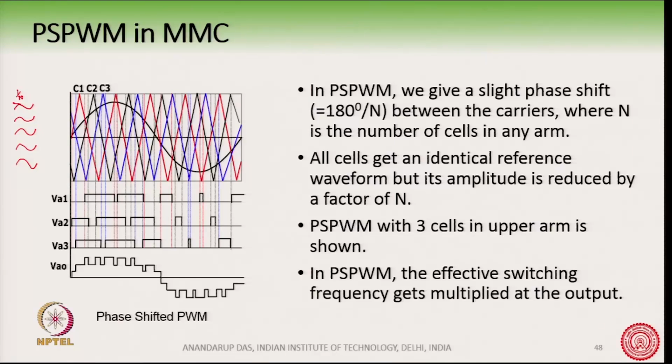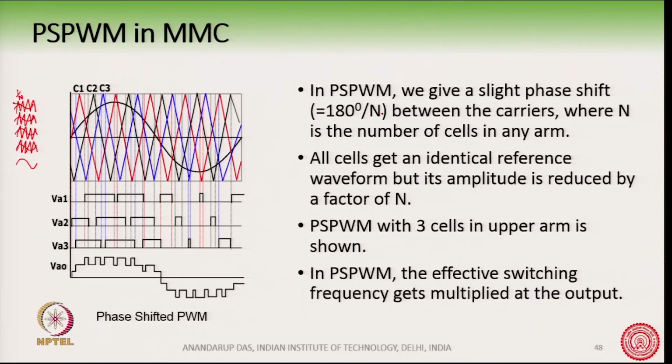We compare this with individual triangles like this, but the triangles are phase shifted by a slight angle. That is why it is called phase shift PWM. And what is that angle? That angle is 180 degrees by n. This slight phase shift between the carriers helps us push the harmonics into the higher switching frequency domain.